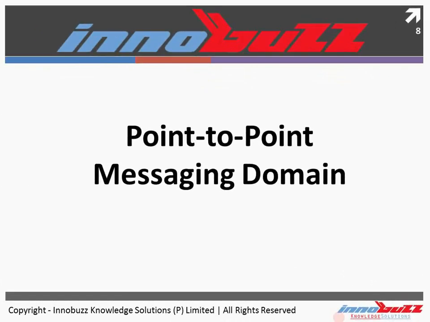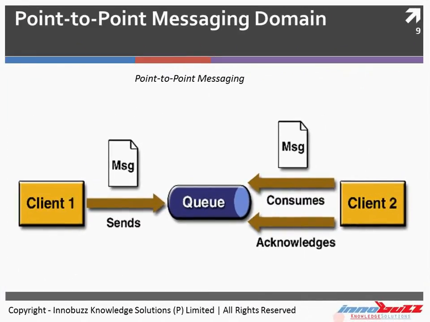So let's see the point-to-point messaging domain within the architecture. This is how point-to-point works. Here the message has only one consumer. A sender and a receiver of a message have no timing dependency. The receiver can fetch the message whether or not it was running when the client sent the message.